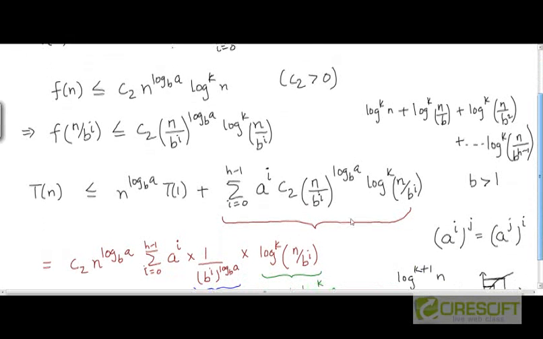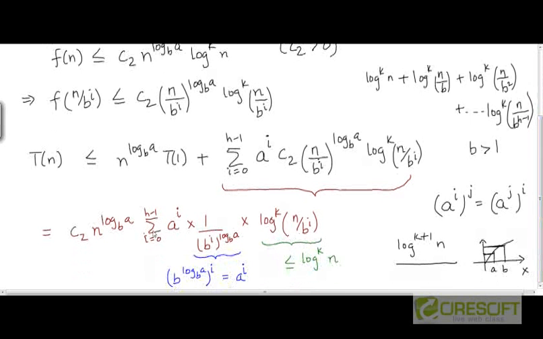And then we simplify this expression to end up with just sigma of I equal to 0 to h minus 1 of log to the power k of n by b to the power I. This is of course the simplification of just the second term here.